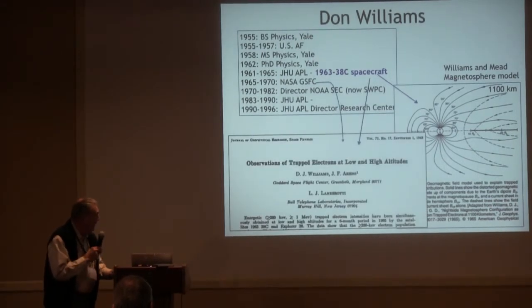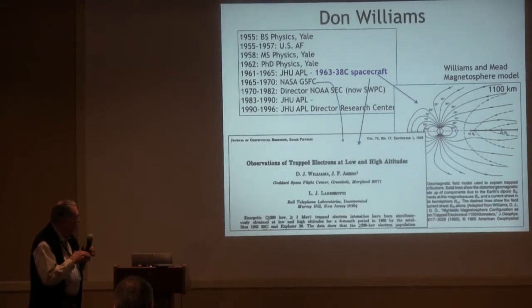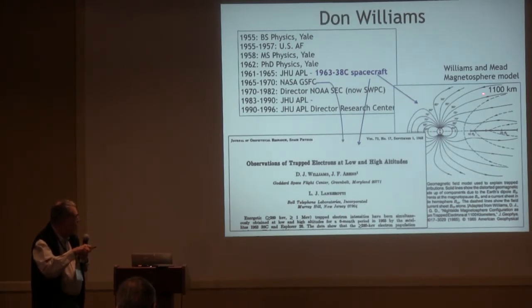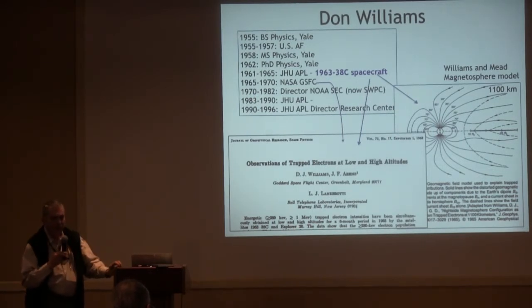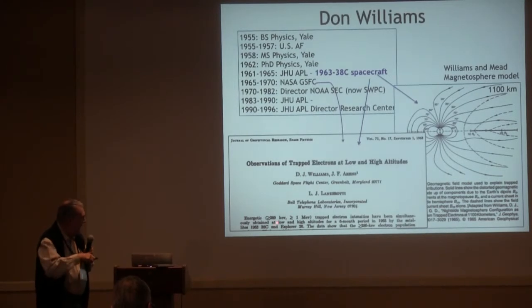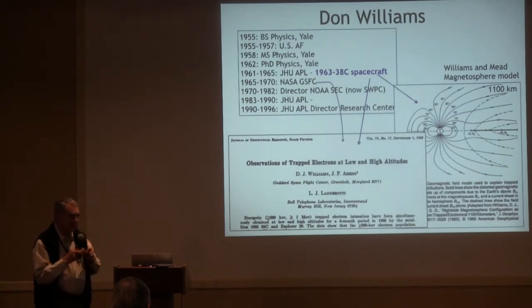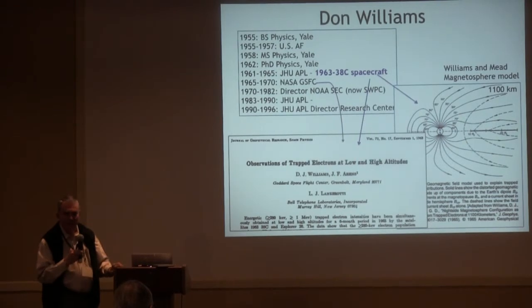I collaborated with Don in a paper in 1968 where we used data from 1963-38C at 1,100 kilometers and Explorer 26. Bell Labs had particle detectors on Explorer 26 at higher altitudes near the equator. And we compared trapped electrons at low and high altitudes. At that time it was not known in terms of diffusion processes in the magnetic field and all along the magnetic field lines.